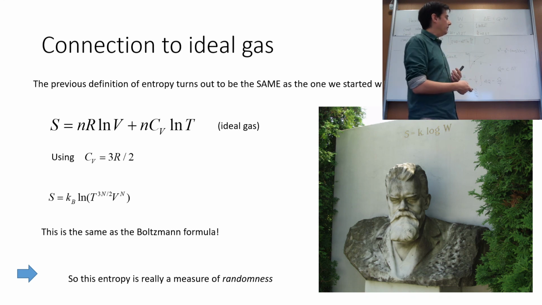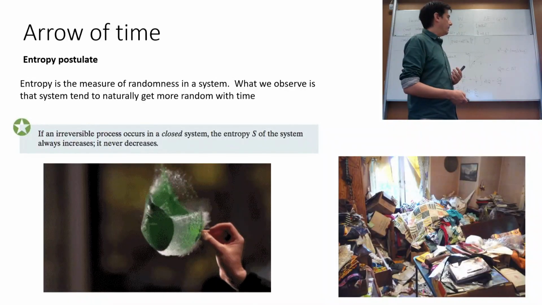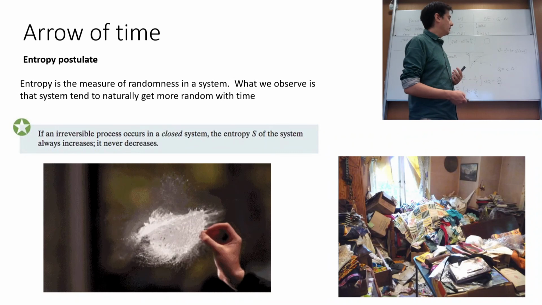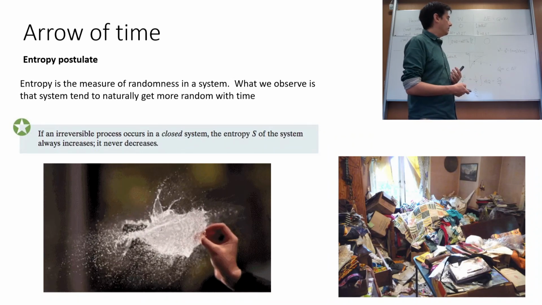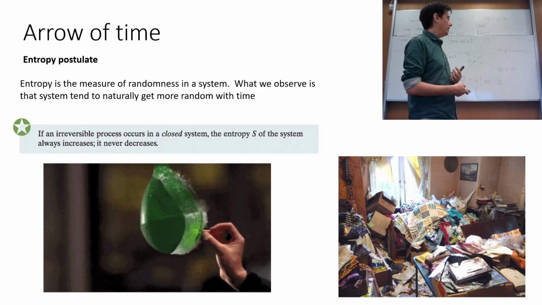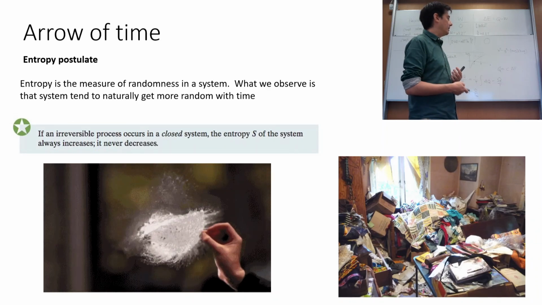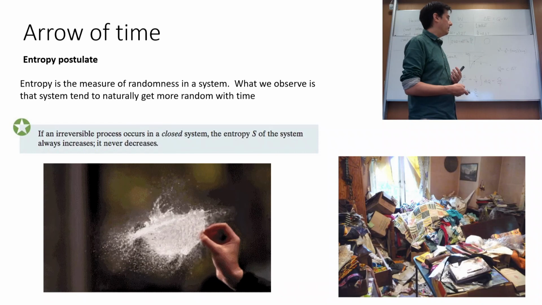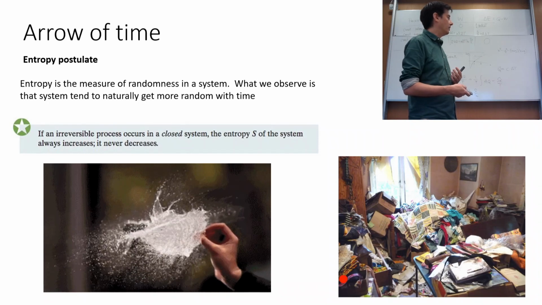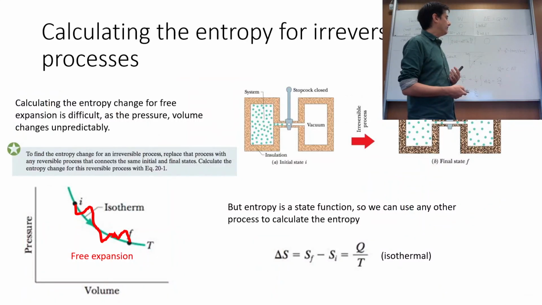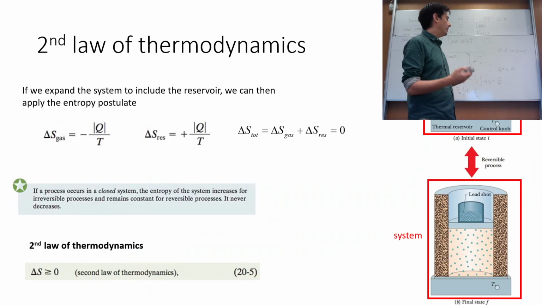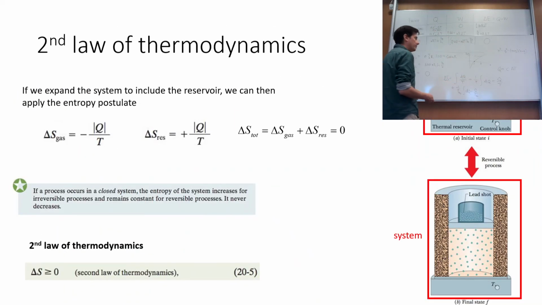So it's really a measure of the randomness of the gas. Eventually you can show that any process is always increasing in entropy, going from some state of order to disorder. And then the second law of thermodynamics says that basically this thing always increases.